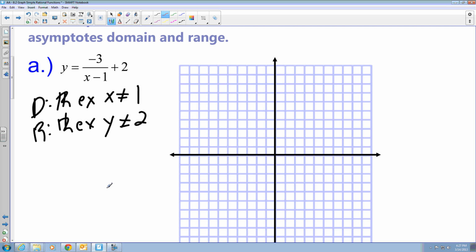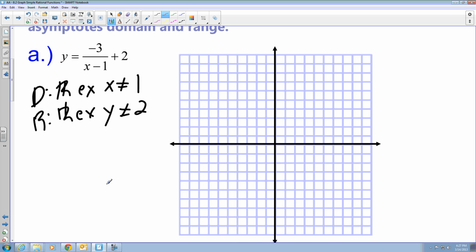That's dictated by my vertical and horizontal asymptotes. So I've said that x cannot be 1, so my vertical asymptote must be x equals 1. I'm going to make a little dotted line at x equals 1. The horizontal asymptote cannot equal 2, so those are my lines for my asymptotes.